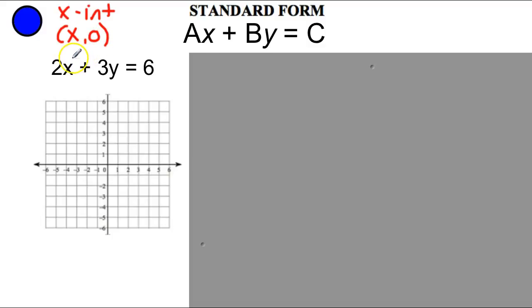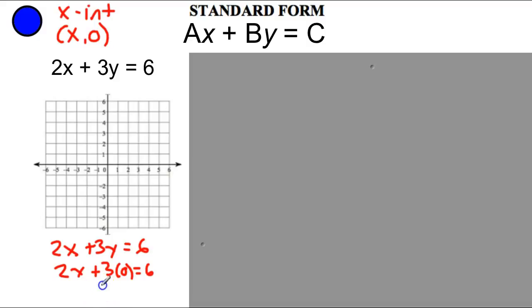So how can I find the x-intercept using this equation? Well, I just plug it in. I'm trying to find x, so I'm going to put 0 in for y. We have 2x plus 3y equals 6. Plug in 0 for y. So 2x plus 3 times 0 equals 6. When I simplify 3 times 0, that's 0.